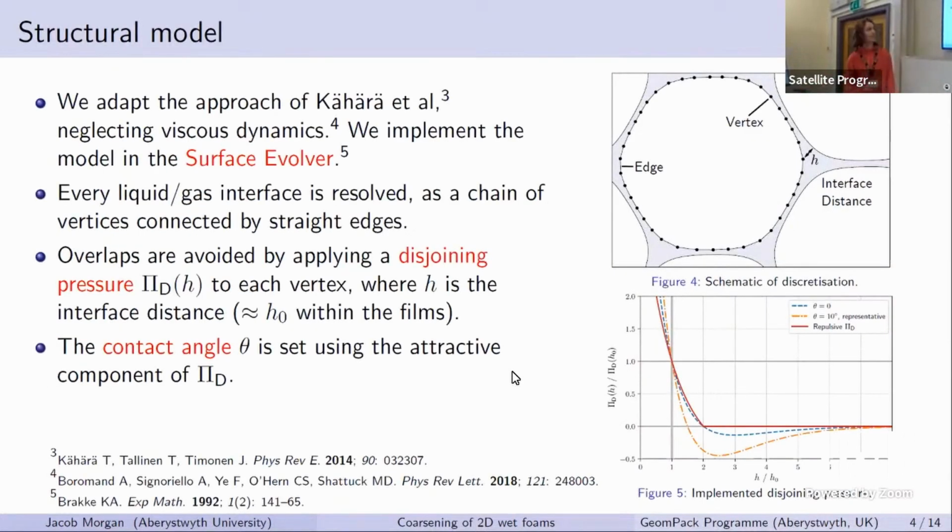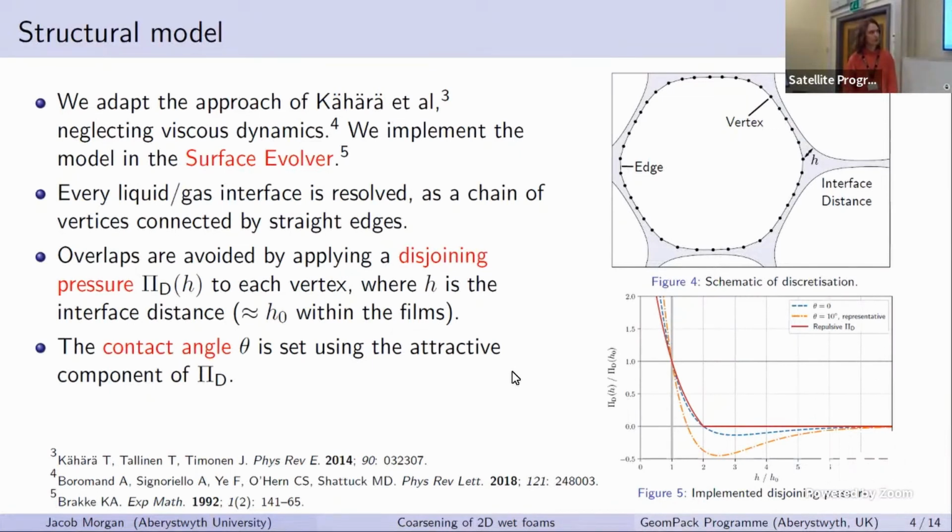Our approach comes via a coauthor and co-workers. We consider a quasi-static version of their model, wherein they discretize every liquid-gas interface within the foam, including both sides of every film, as a sequence of vertices connected by straight edges, similarly to Boromand and co-workers, which was related to the work talked about last week. We implement this in the Surface Evolver just to take advantage of its existing routines.